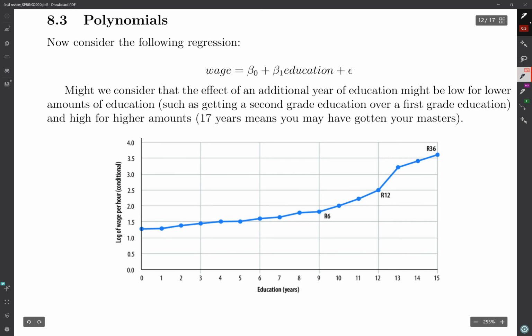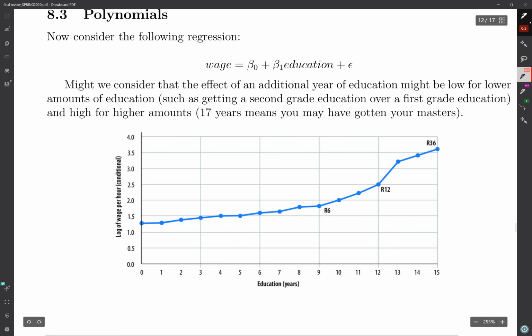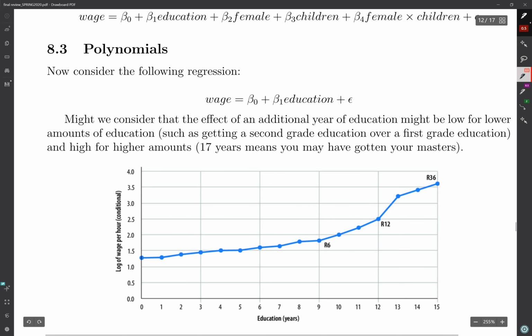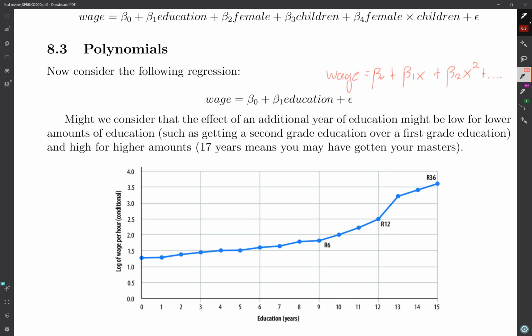But I wanted to bring up polynomials real quick because it's very similar to interactions. Polynomials, as you might expect, are just when we have some sort of polynomial in our regression. So we might see something like wage equal to beta 0 plus beta 1 x plus beta 2 x squared, and maybe so on.